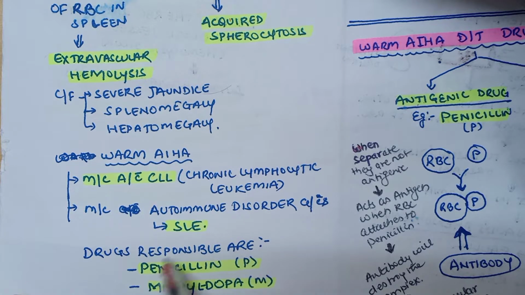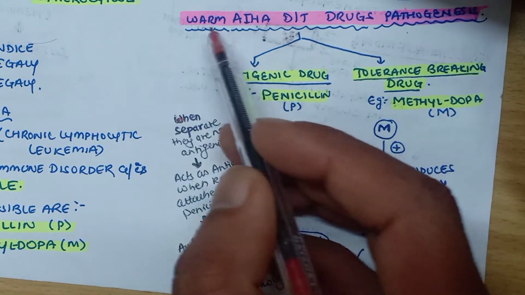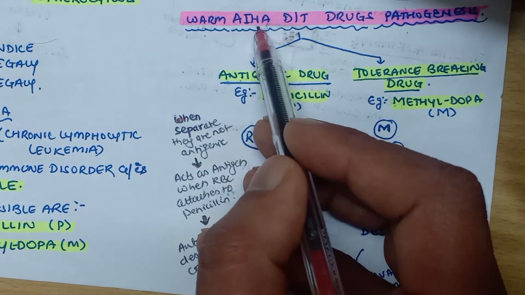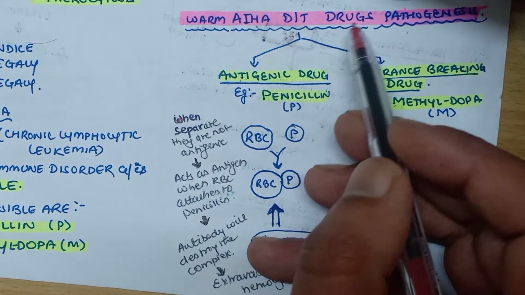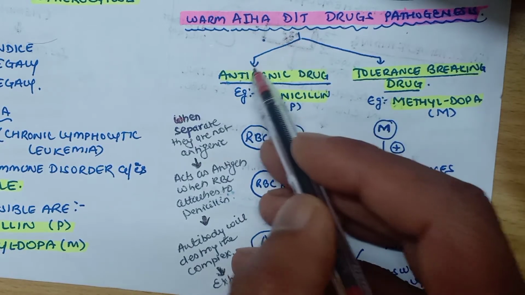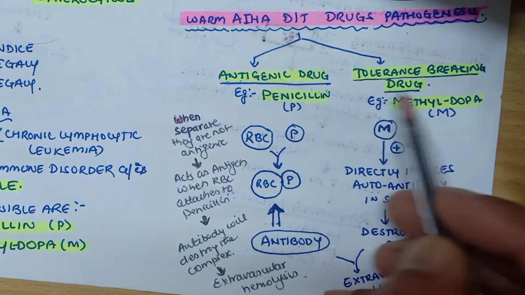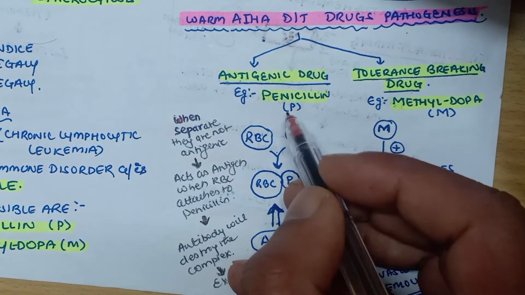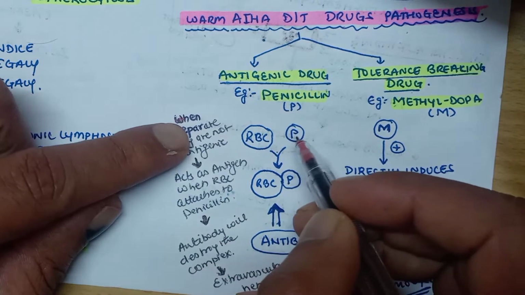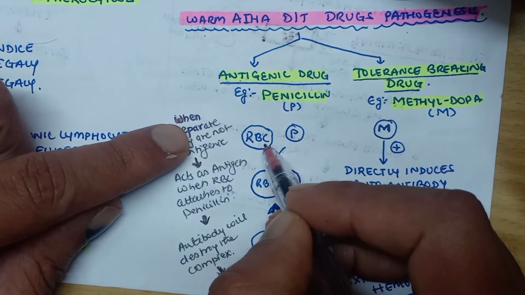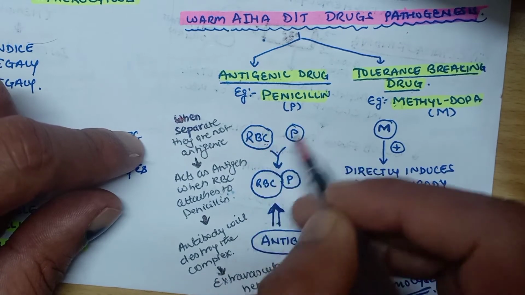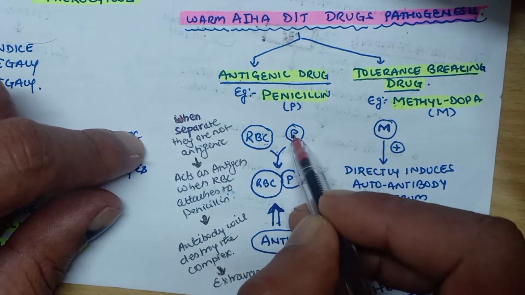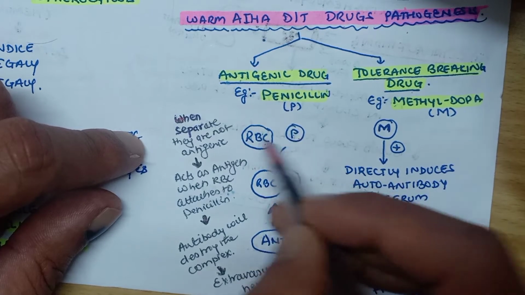So how are they responsible for warm type of autoimmune hemolytic anemia? Here is the pathogenesis of warm autoimmune hemolytic anemia caused due to drugs. These drugs can be antigenic drugs or tolerance breaking drugs. An example of an antigenic drug is penicillin, denoted by P. When penicillin and RBC are separate, independent, they are not antigenic.